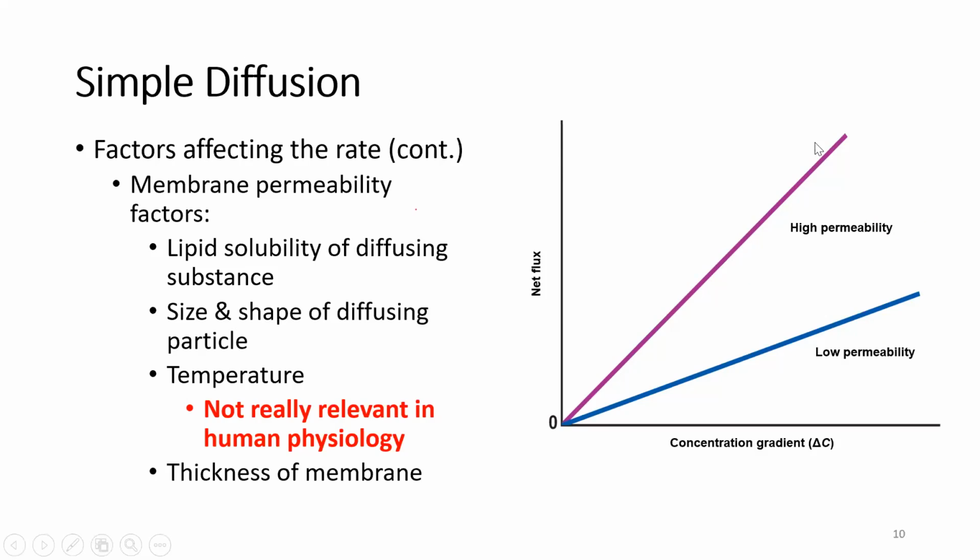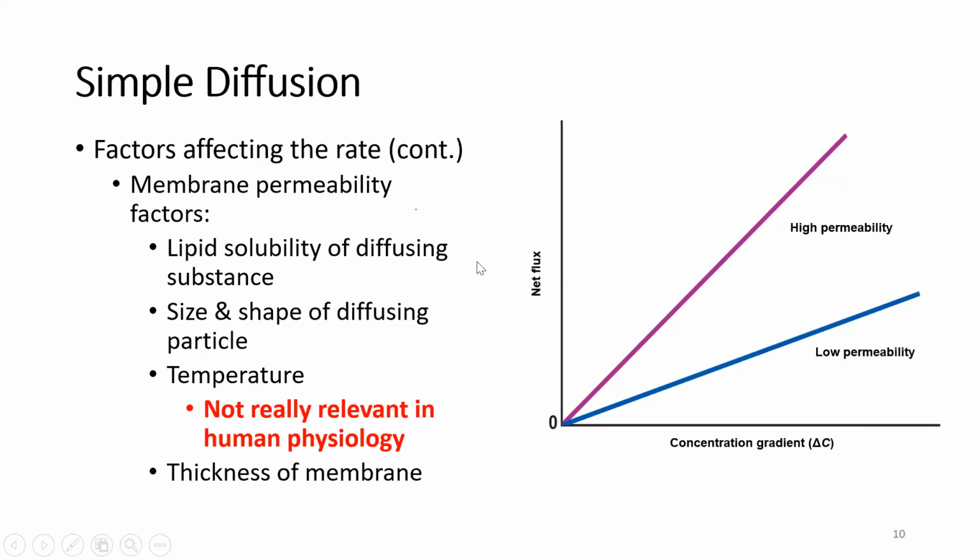If we have a high concentration gradient, let's say we had a lot of particles on one side and almost no particles on the other side, even though we have a really strong driving force because of a really strong gradient, if the membrane is not permeable to the particle, then the rate is still going to be 0. So the permeability of the membrane is an important factor in determining the rate of transport.